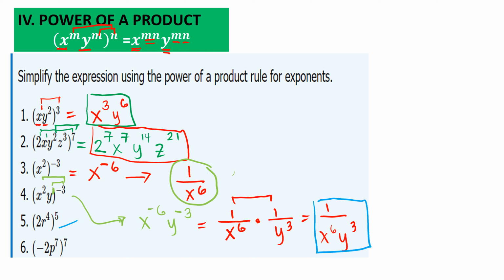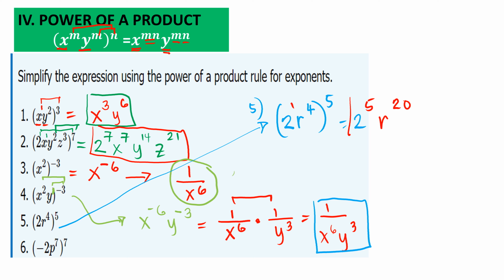While number 5 is 2r to the power of 4, to the power of 5. And then this will be simplified as 2 to the power of, understood that there is a 1 in here, so this is 2 to the 5, and this is r to the 20. So you just leave your answer in this way.